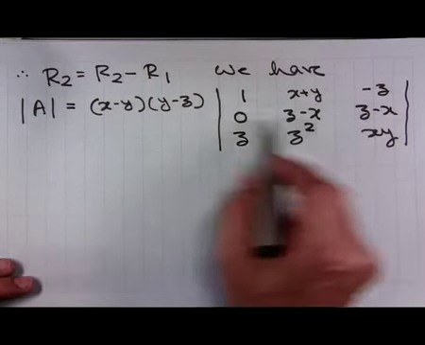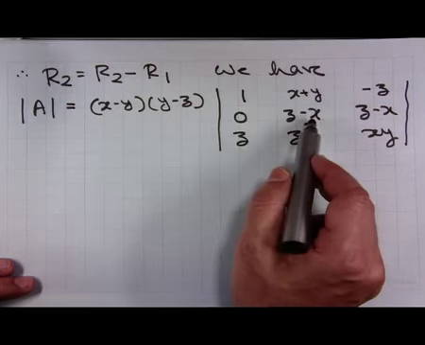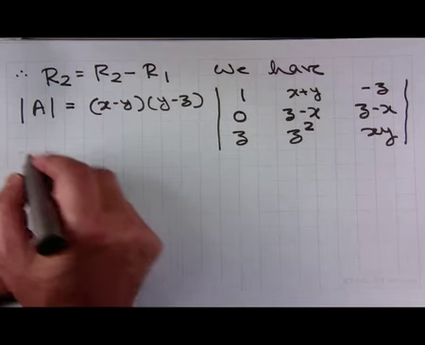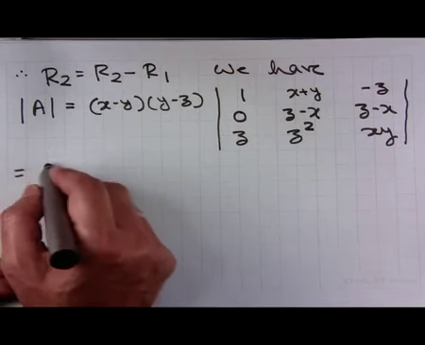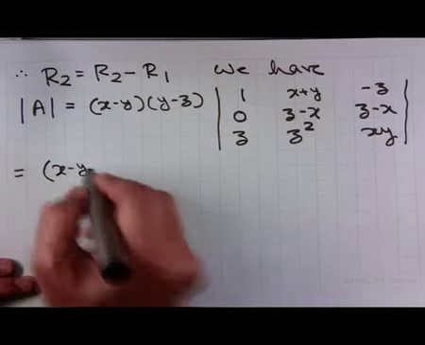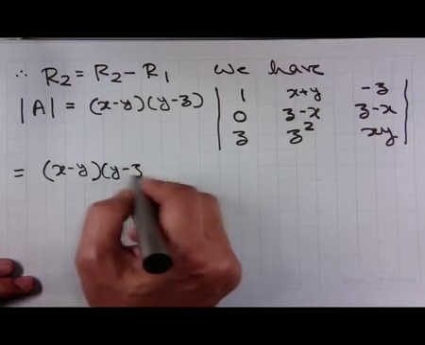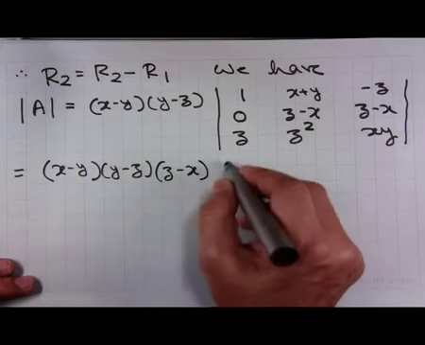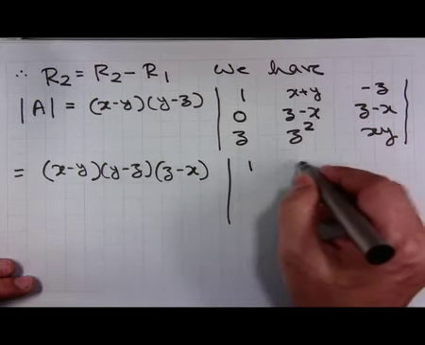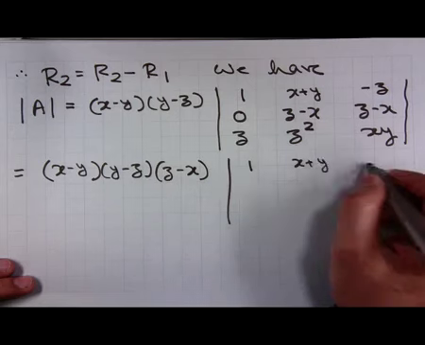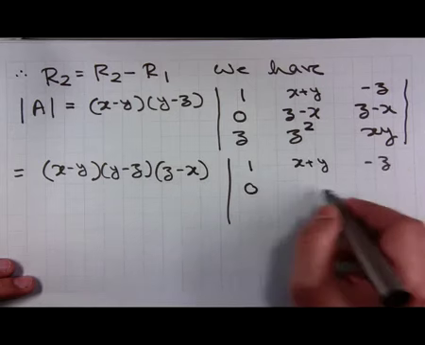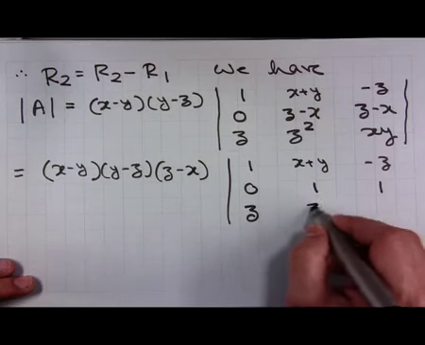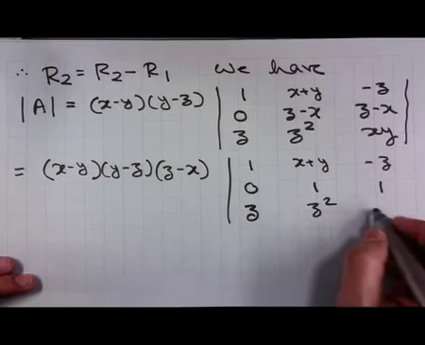Now, from this row we can take z minus x common, is equal to x minus y into y minus z. If I take z minus x common, then what is left is 1, x plus y, minus z, 0, 1, 1, z square, xy.